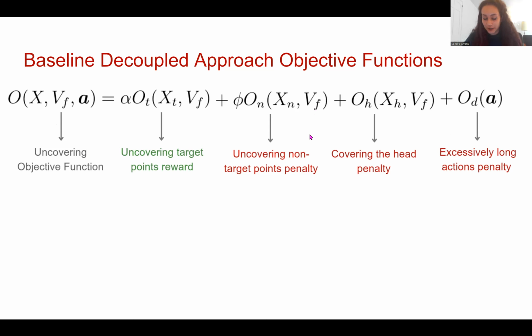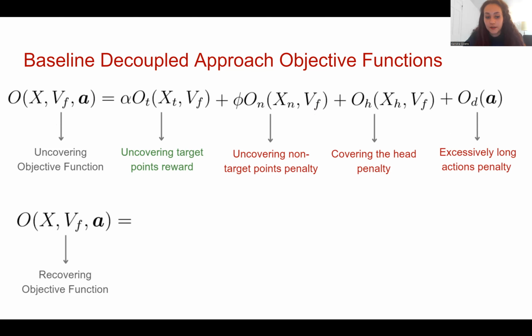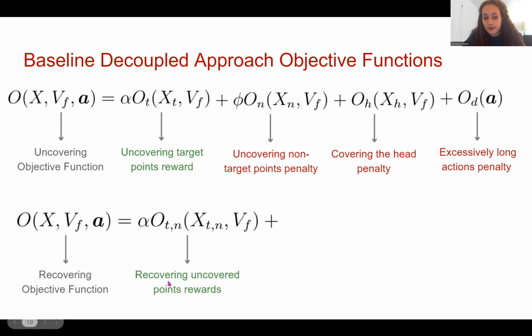And then for our work, we developed our own recovering objective function. If it can recover all of the uncovered points, like if the leg is uncovered and it recovers it, it gets a reward for each point that it recovers.